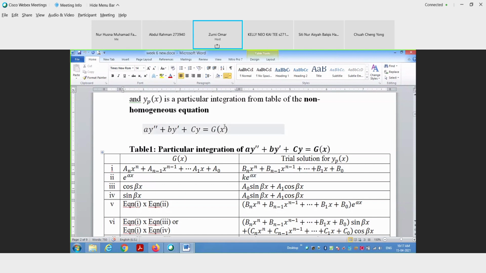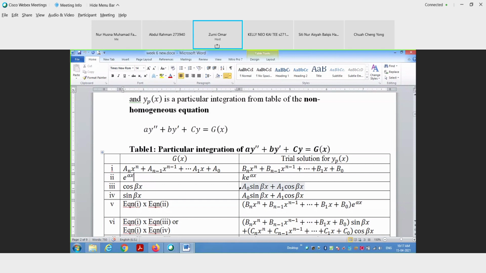And if g(x) is cos beta x, then you should consider yp as a_0, a constant, sin beta x plus a_1 cos beta x. Also, if g(x) is sin beta x, yp is the same.